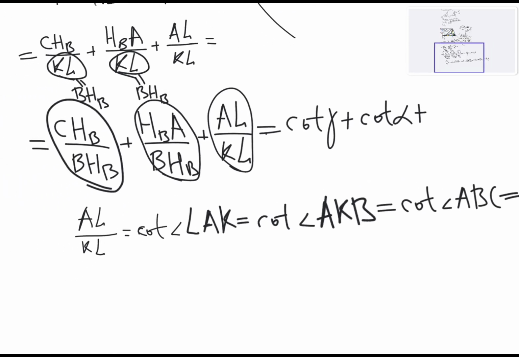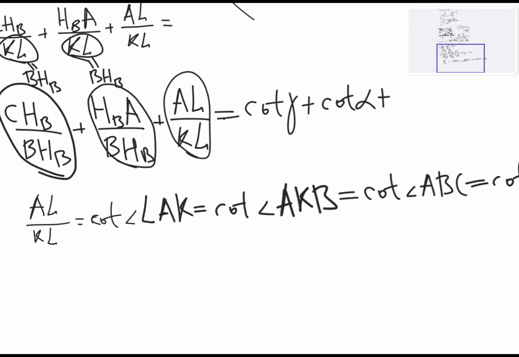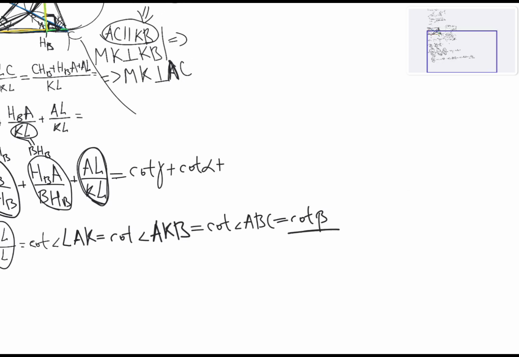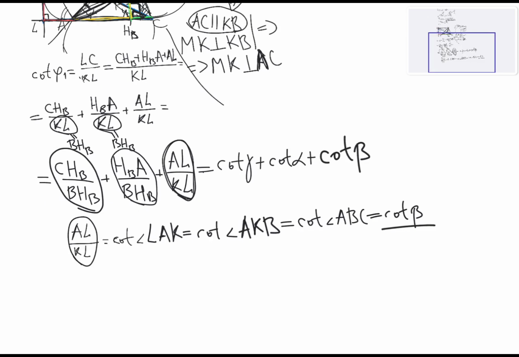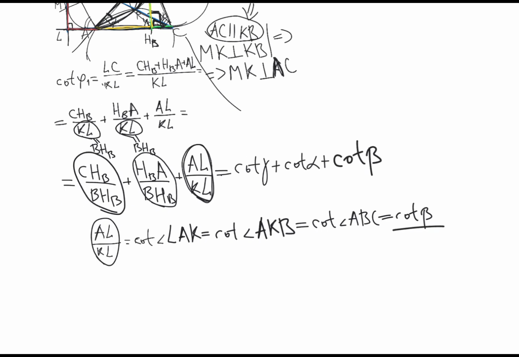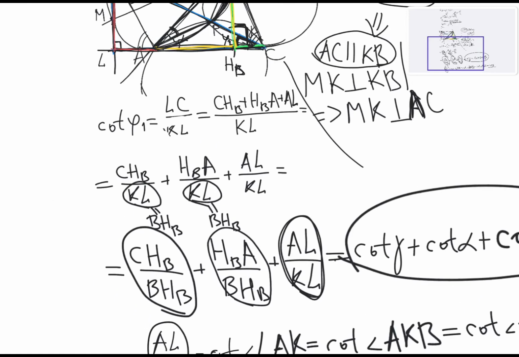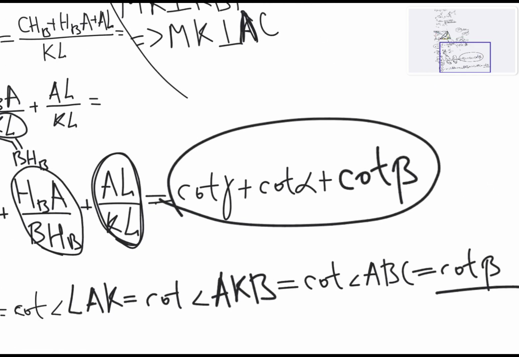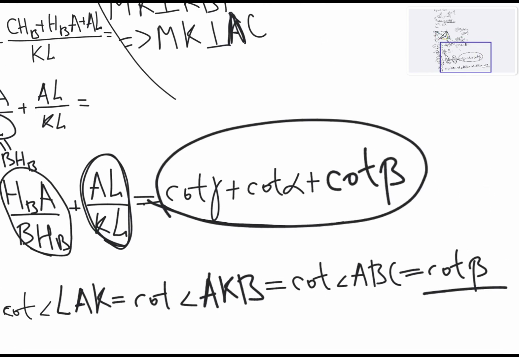So look here, we expressed AL over KL, exactly this expression, as a cotangent of beta. So here we add cotangent beta, and this is exactly what we need. We started with cotangent phi1 and arrived at cotangent gamma, alpha, and beta.